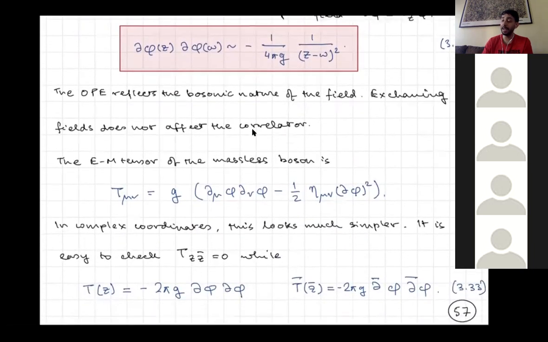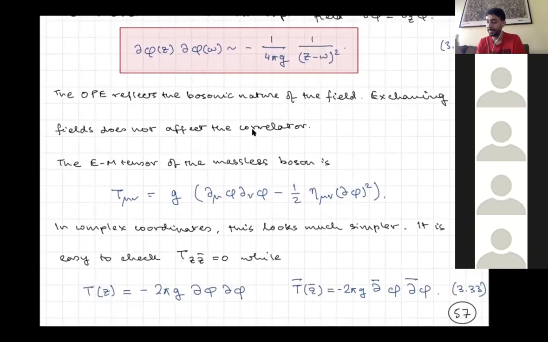If you write it in complex coordinates, this actually looks much simpler. As you know, this is a CFT, so T of z bar will be equal to 0. This you can actually explicitly see from here. And also you will find that T of z is (del phi) squared, and T bar of z bar is (del bar phi) squared.